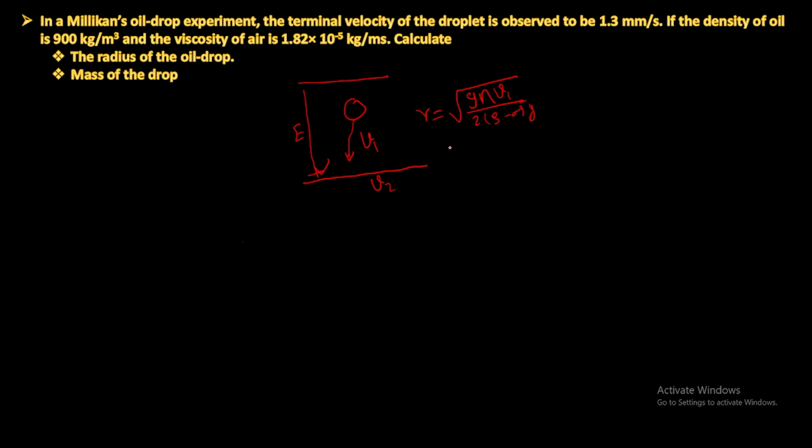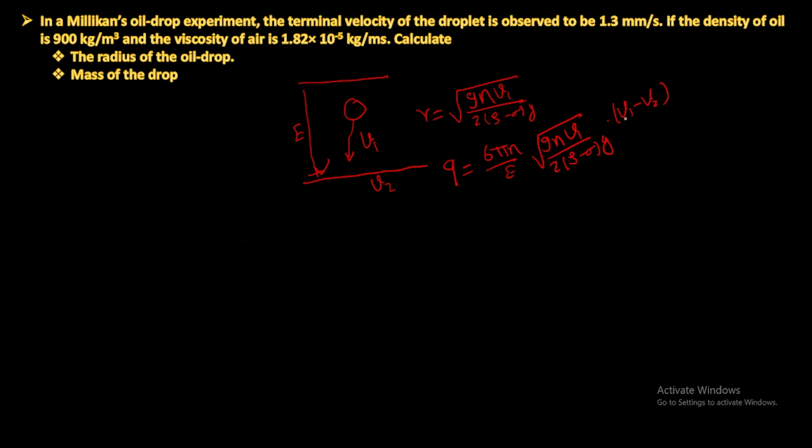So at those conditions we can find the total charge in the given oil drop. Q equals 6 pi eta by E under root 9 eta v1 by 2 (rho minus sigma) g, into (v1 minus v2).